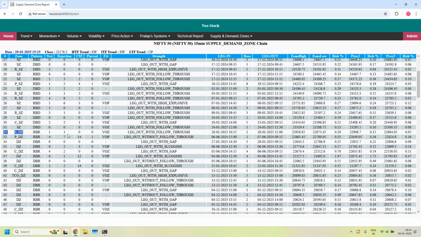Okay. Below all are demand zones. This is the most recent demand zone to the current closing price, and also 31 is the most recent supply zone to the current closing price. And all these above are supply zones, and all these below are demand zones. This is the way you should understand the report.